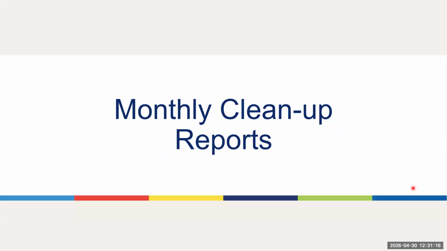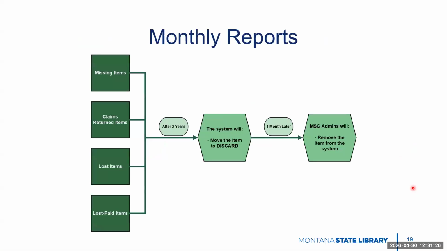Okay, and that leads us into the monthly cleanup reports. So last summer, we started implementing some automated reports on our end to help keep the system tidy and clean up and fix some of the strange errors that kept popping up when things are checked out to users for an extended period of time.